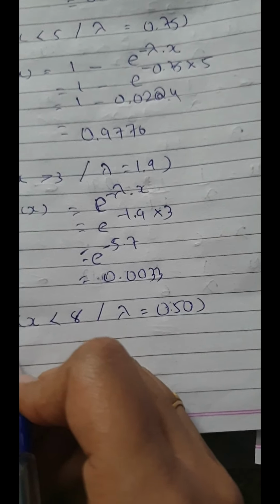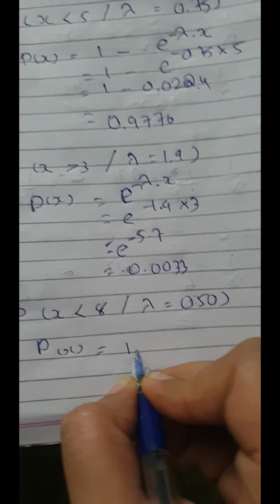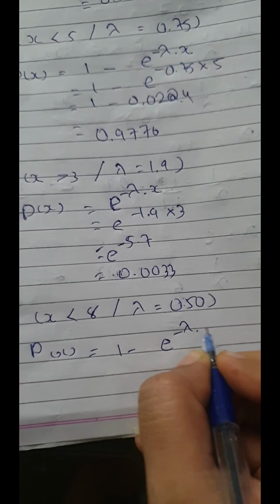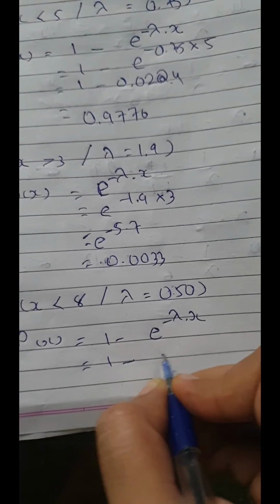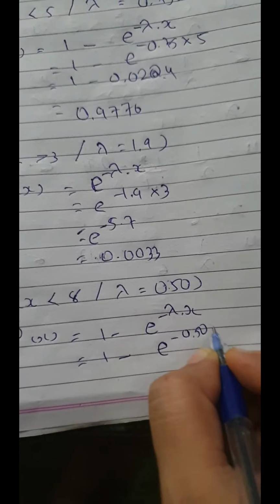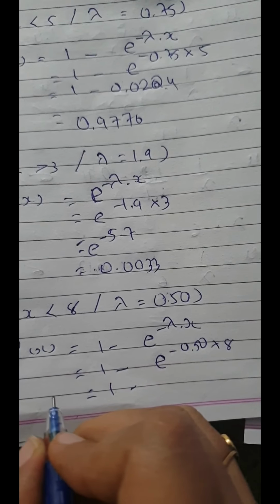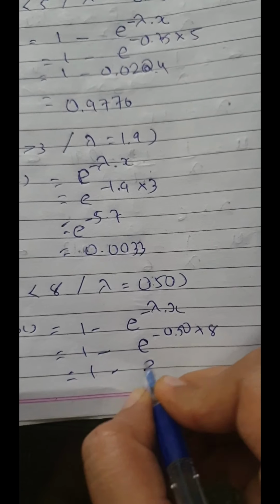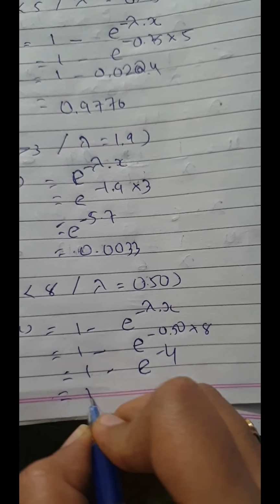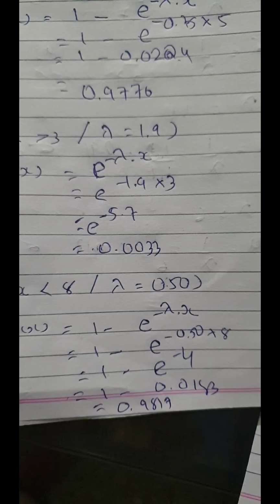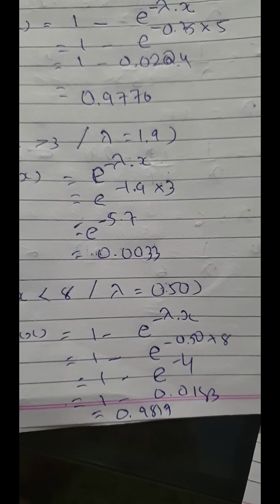So again the less than case is there, so P of x equals 1 minus e raised to minus lambda into x, 1 minus e raised to minus 0.50 into 8, 1 minus e raised to minus 4, so my final answer will be 0.9817.